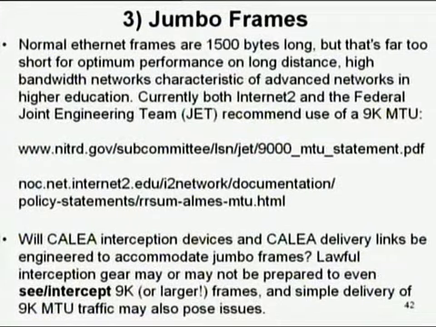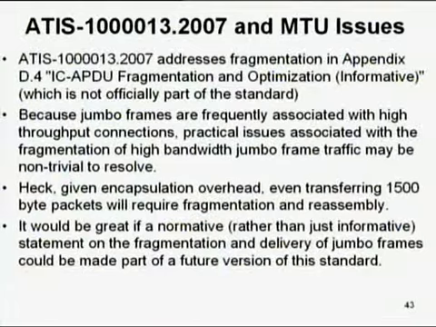Another example, jumbo frames. As we have big fat pipes over long distances, we know that 1500 byte MTUs are not sufficient to allow us to fill those pipes efficiently. Jumbo frames really facilitate that process. It's consistent with the government's recommendations, it's consistent with the recommendations of things like Internet2 itself, and yet CALEA devices may not know how to deal with jumbo frames on the LAN or the wide area.